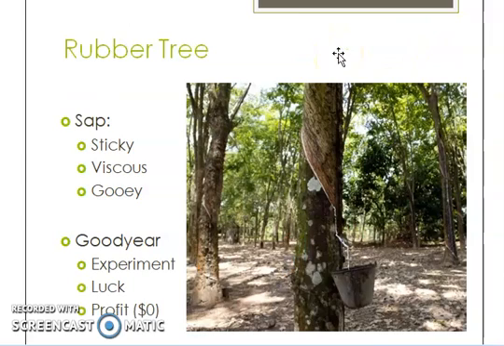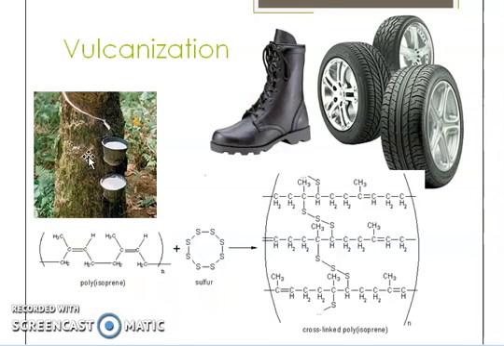Next is natural rubber. We know that we obtain natural rubber from the rubber tree, but natural rubber is very sticky and viscous in nature, and so it is less profitable. To make it hard and more elastic, sulfur is added to polyisoprene, or natural rubber. This process is called vulcanization.